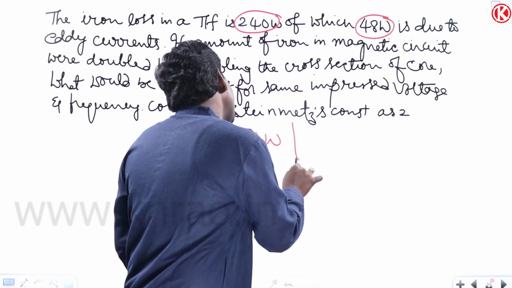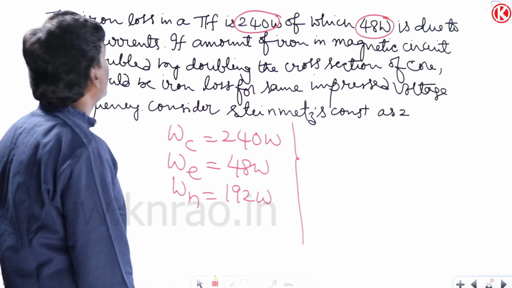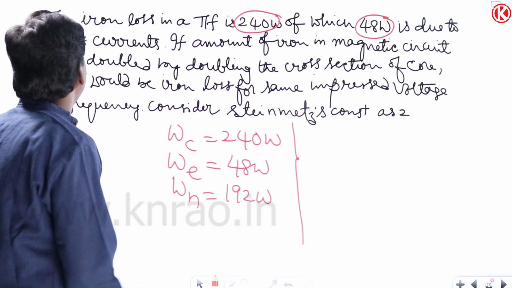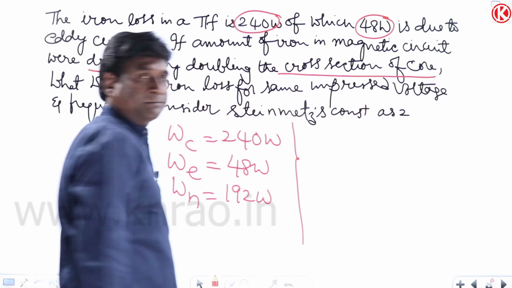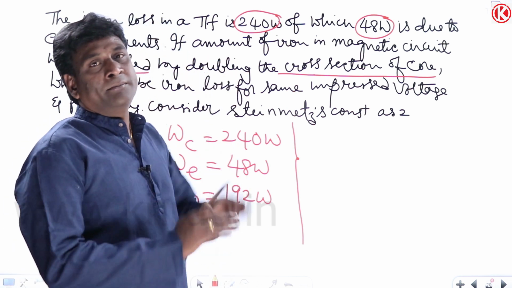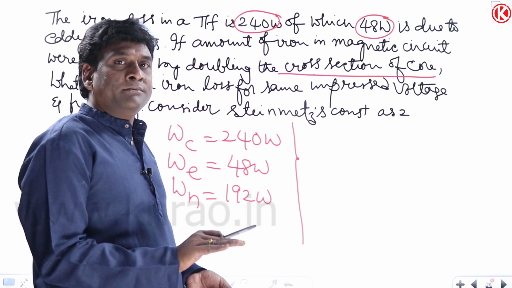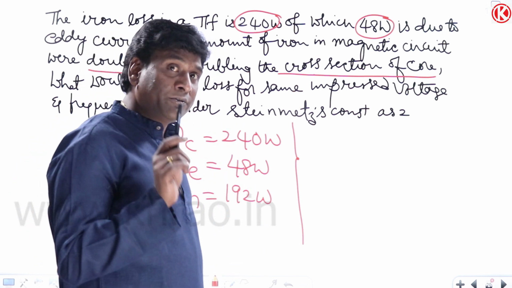Now in the second case, what they are trying to do is double the magnetic circuit: the amount of iron is doubled by doubling the cross section of the core. The cross section of the core is doubled, the length of the limb is maintained the same. Let us see how the losses vary. Try to focus here, it's a very good thing.